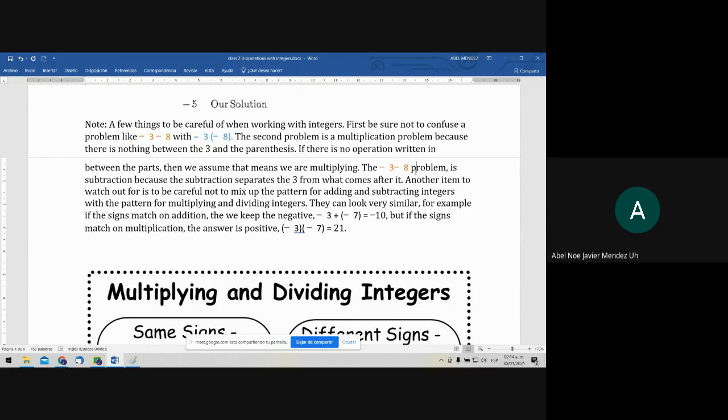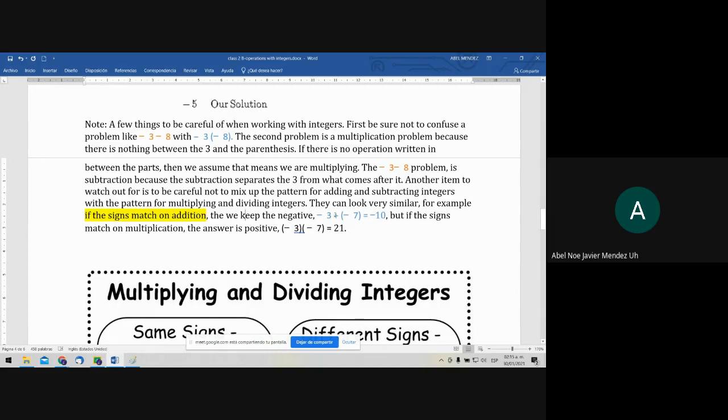And we have here an example. This is an addition.